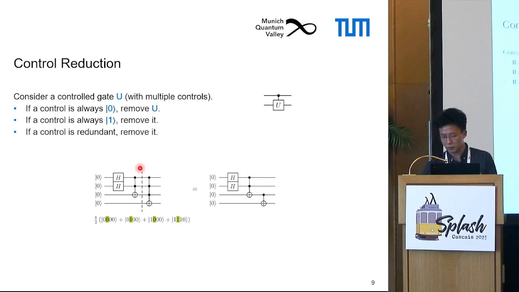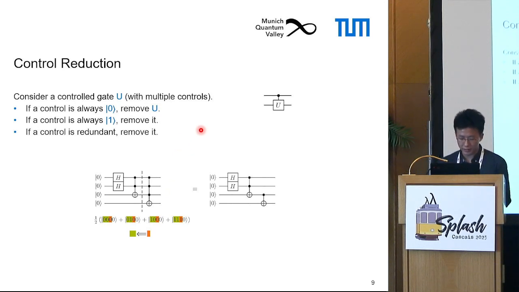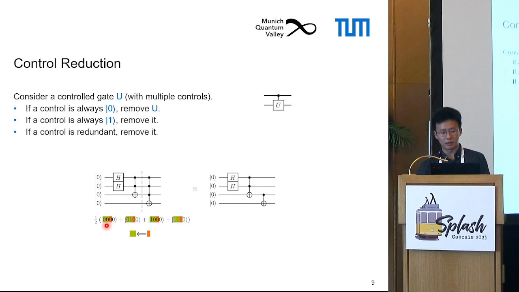But in this case, we could still do something about this gate. If you look carefully enough, you will find that the information given by the first 2 qubits is implied by the third qubit. Because if the first 2 qubits are enabling the gate, then so is the third qubit.